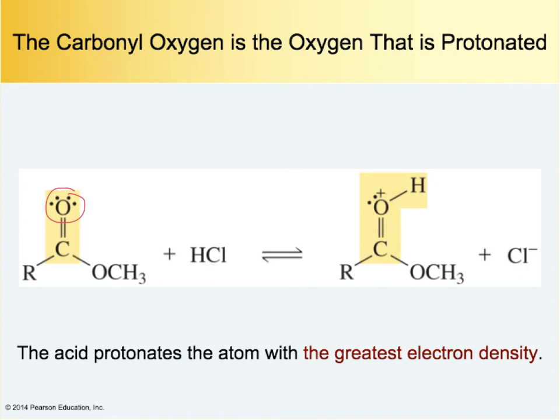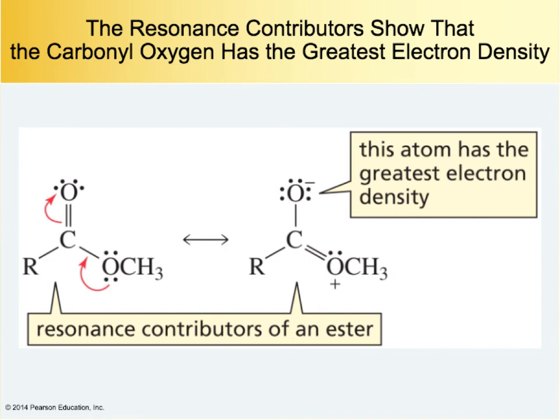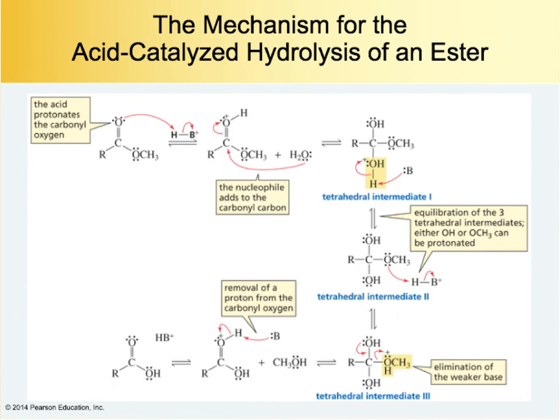It's because it has the most electron density, and because of this resonance contributor. This oxygen, if we label them 1 and 2, oxygen 1, the resonance structure shows us oxygen 1 is more electron dense. That means that's more likely where the H is going to get attached. Here is the text version of what I just showed you on a blank slide.